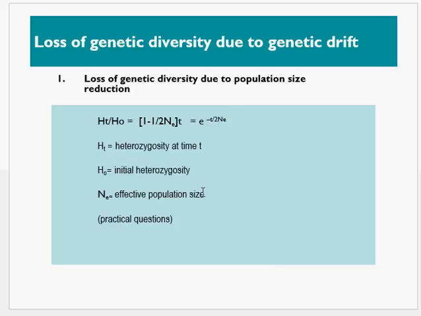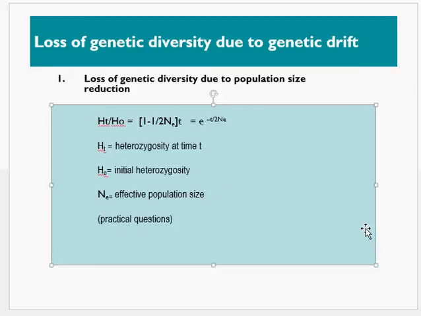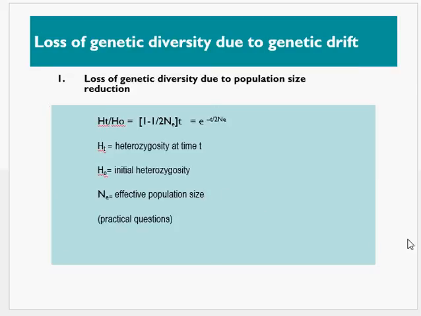Because a population at any one time may have older individuals which are no longer breeding, or younger individuals which have not yet begun to breed, the effective population size is always going to be less than the actual or census population size.